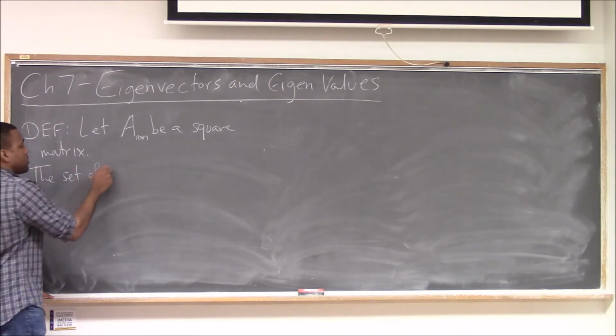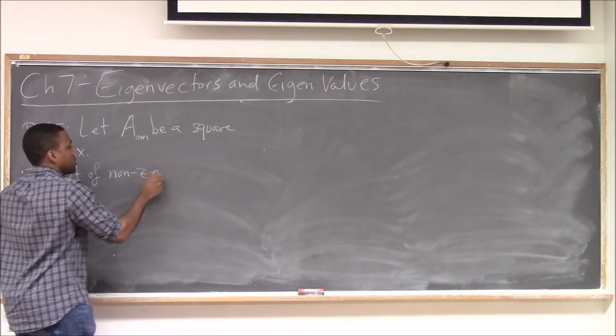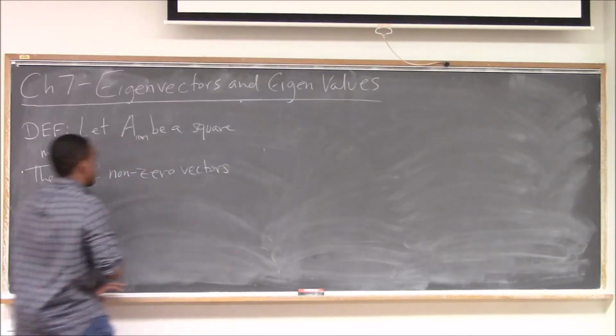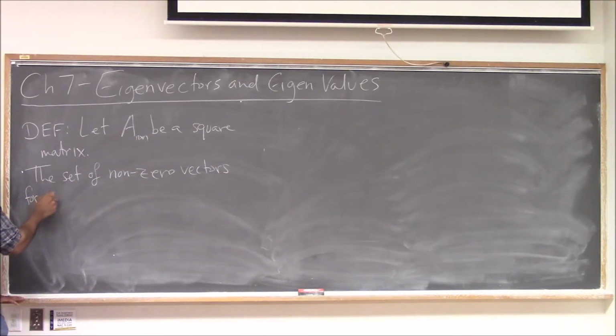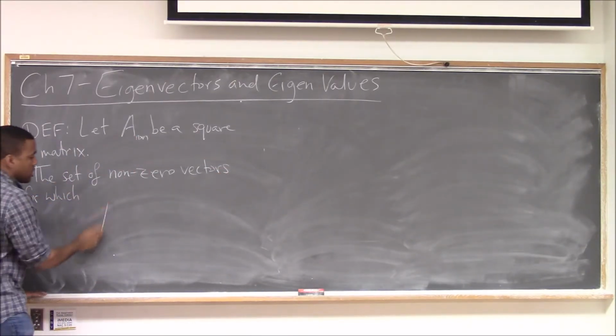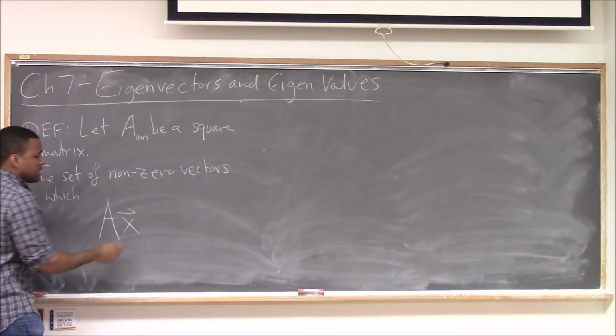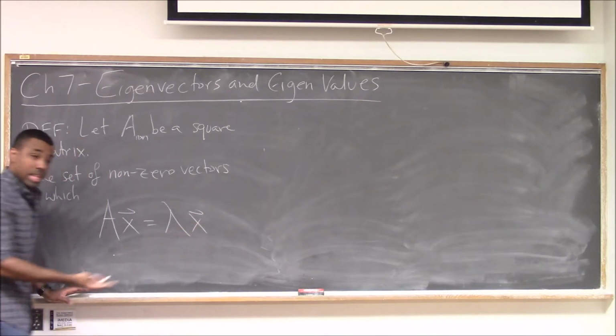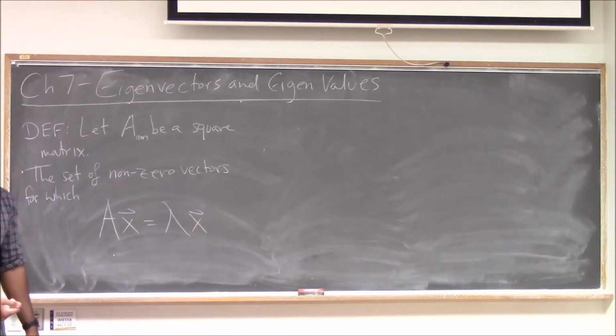the set of non-zero vectors x for which A times x equals some scalar lambda times x. That's the Greek letter lambda, the typical thing that we use.